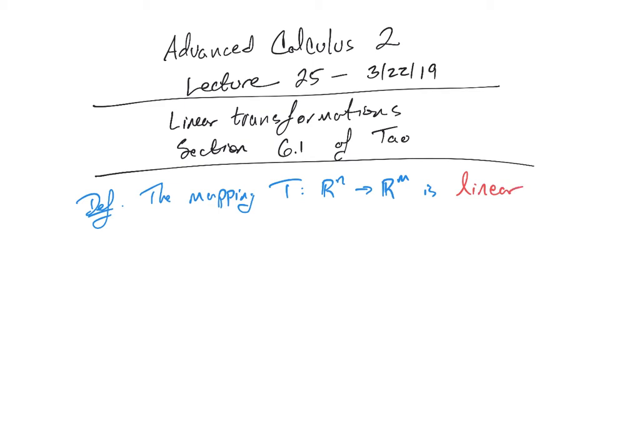So we've got a mapping T, capital T, from Rn to Rm, and it's linear, or we might call it a linear transformation. Okay, now hopefully this is review.